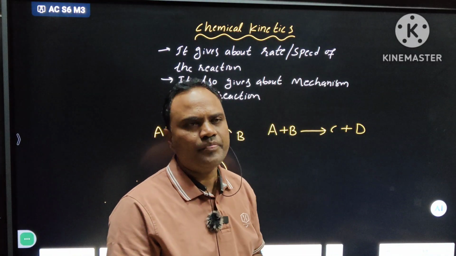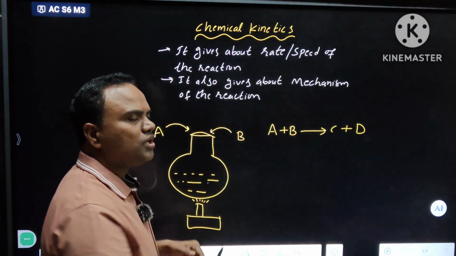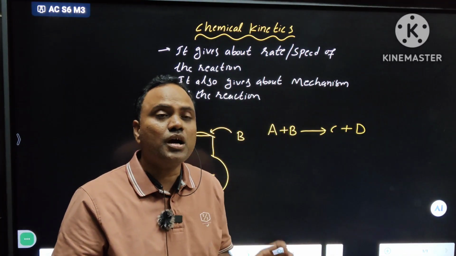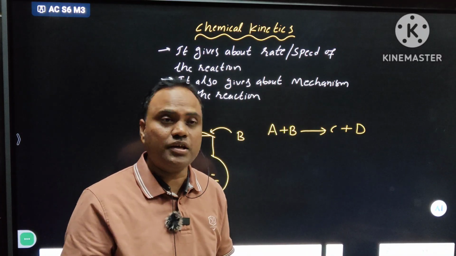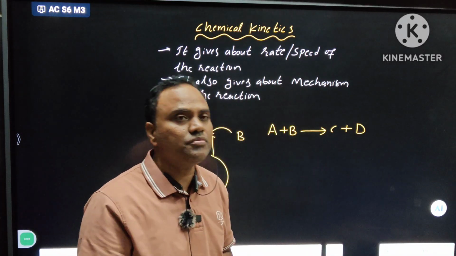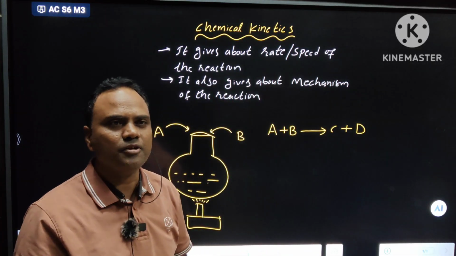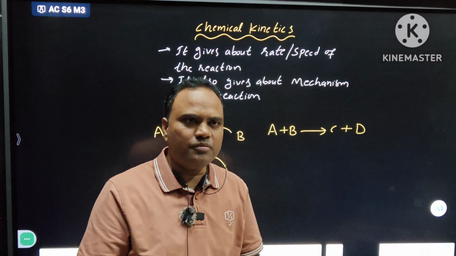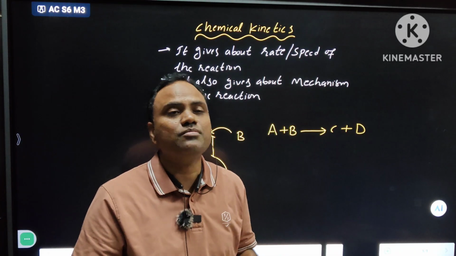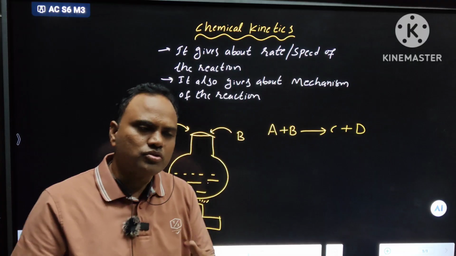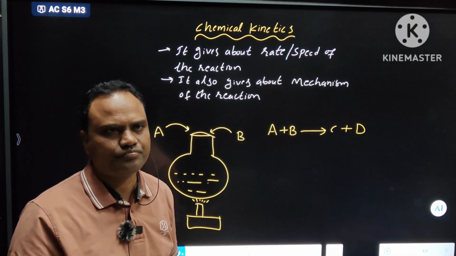Clear? Means as time proceeds, reactants slowly convert to products. At the beginning, at the starting of the reaction, the concentration of reactants is more, and at the beginning of the reaction the concentration of the products is 0. Whenever we add A and B, products won't form immediately. It takes some time. As time proceeds, slowly reactants convert to products. Clear?